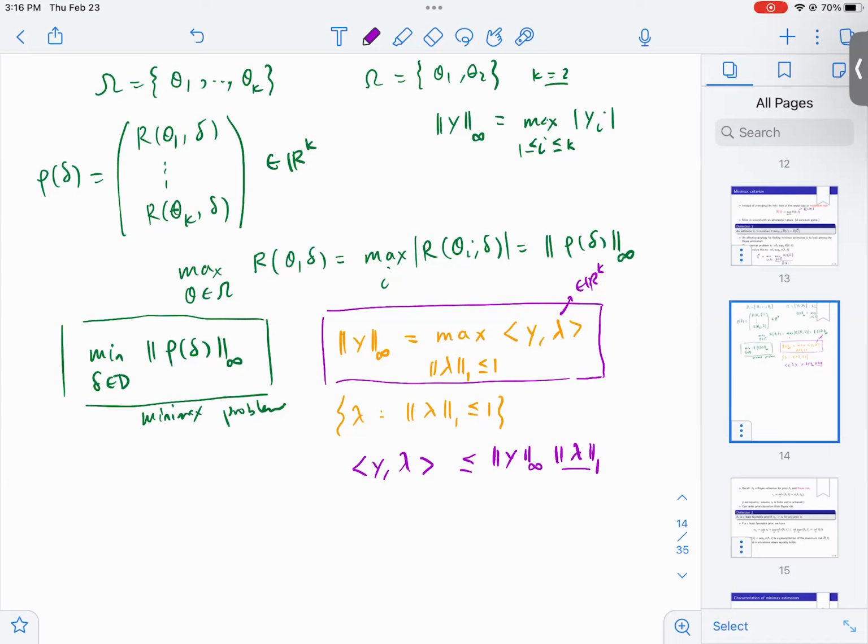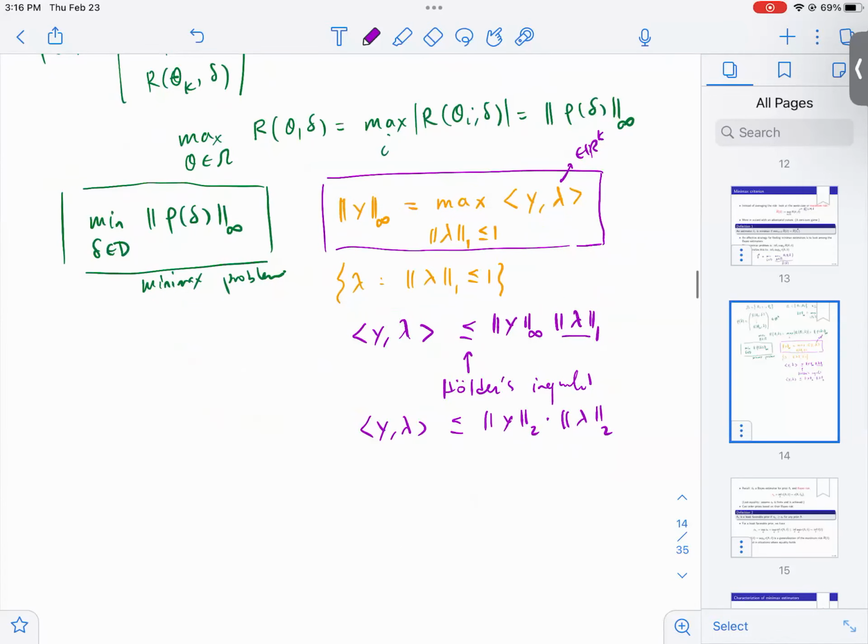So what is this inequality? Yeah, it is a generalization called Holder's inequality. So Cauchy-Schwarz would say this is less than or equal to the L2 norm of y times the L2 norm of lambda. Or if you want to write it in the fashion that I wrote, the L2 norm of y is the max over the L2 ball of y transpose lambda.